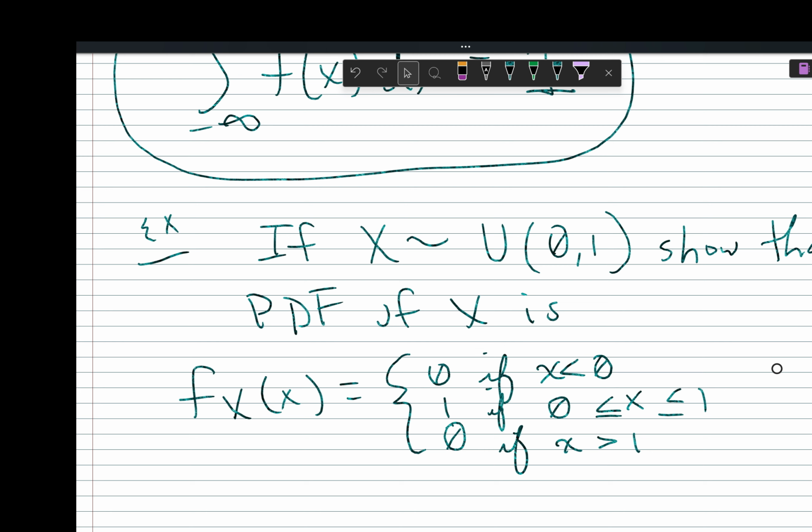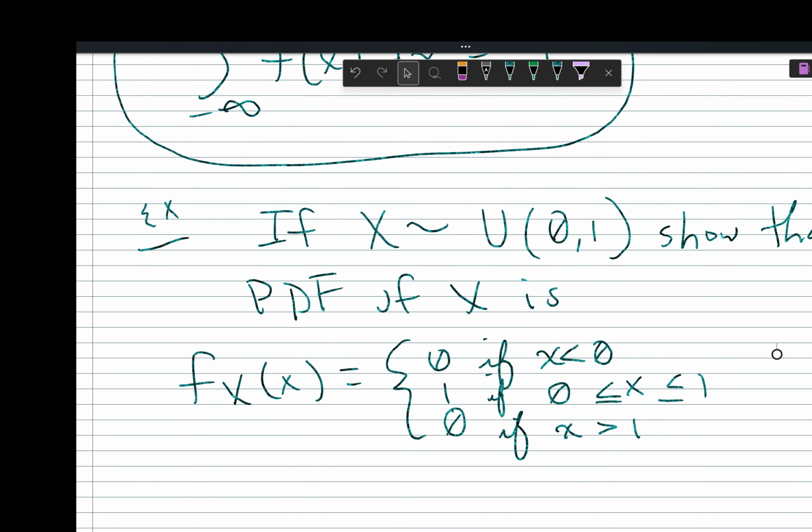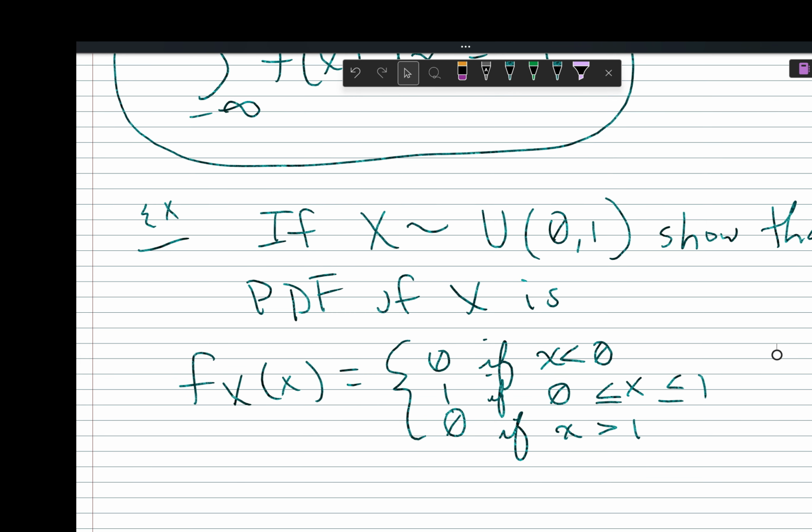All right, so we need to show that the definition of the probability density function that I wrote a few seconds ago holds true.